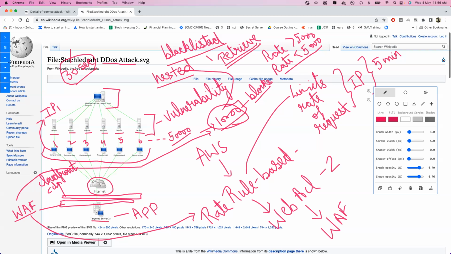This means a geo match statement that specifies requests originating in the United States, and a string match on the user agent header. Suppose the user agent comes with a bad bot. If you combine both of them, the geo match is for requests from the United States, and the user agent header matches the bad bot.